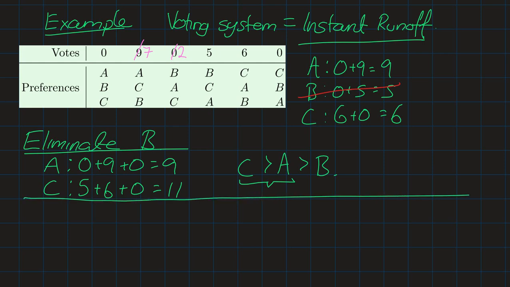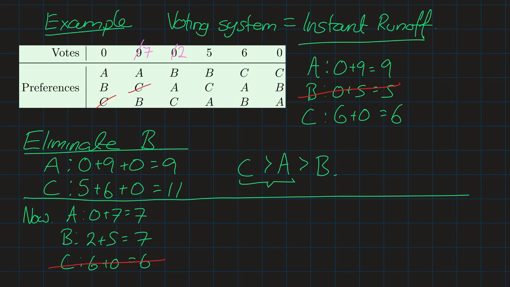So let's see what happens now. A has 0 plus 7, which is 7. B has 2 plus 5, which is 7. And C has 6 plus 0, which is 6. So that means we eliminate C. And the new top preference count is as follows.